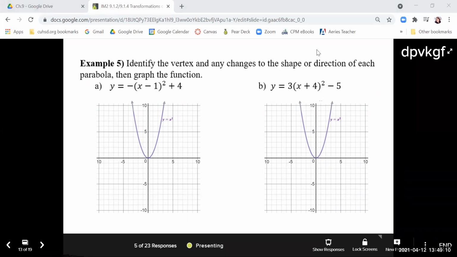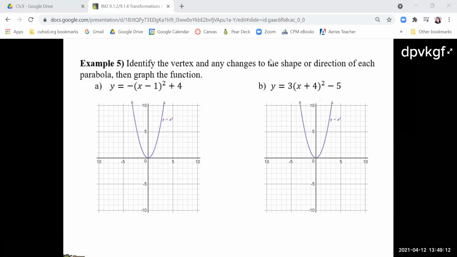So just to remind you of each of these things, remember this tells us the A, this tells us the H, and this tells us the K. And I'm going to list them over on the side.